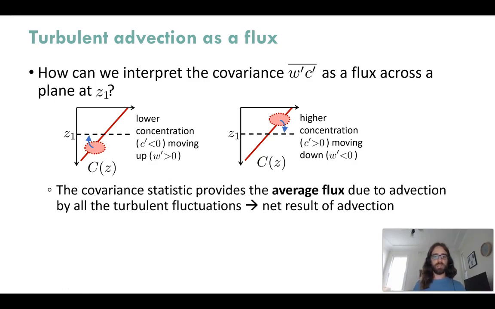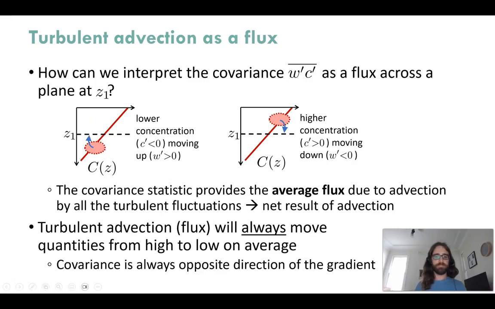So the net result of the advection is going to be represented by this covariance, whose statistics are governed by the types of events that are carrying high concentration fluid down or low concentration fluid up. The advection is always going to have a sign such that quantities are moving in the net average from high regions to low regions.